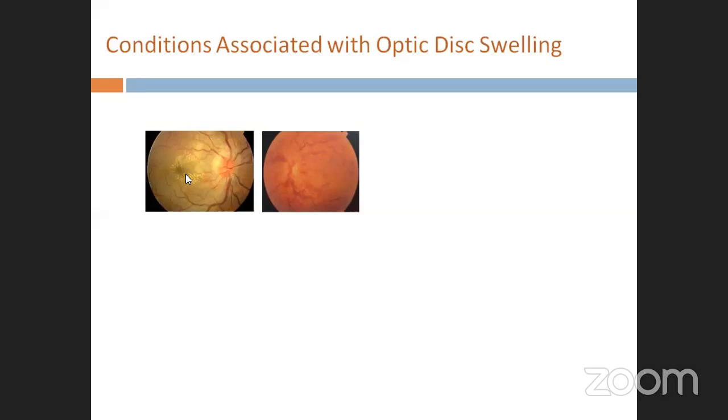So this is a neuroretinitis, and this is central retinal vein occlusion. Here, there are hemorrhages, some exudates or cotton wool spots or infiltration with disc swelling. So this is leukemic infiltration or leukemic retinopathy.